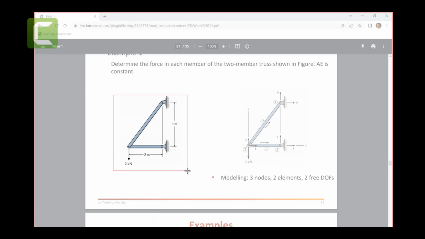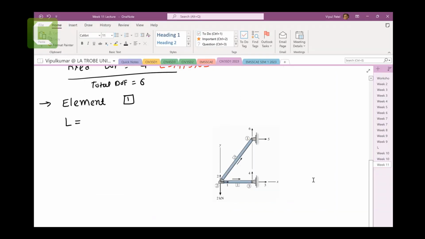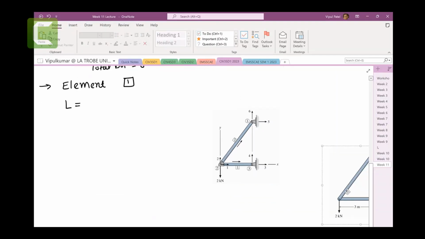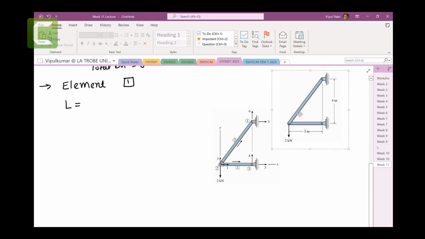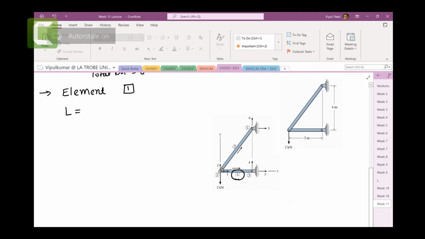So here you go. The length of element number 1 is given here. So element number 1 is this one, and the length of element number 1 is 3 meters, which is perfect. Let me draw element number 1, by the way.